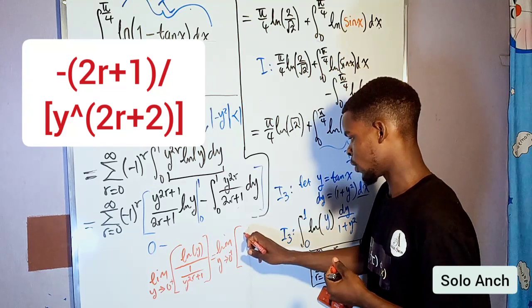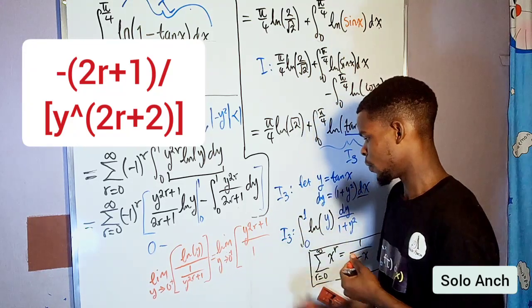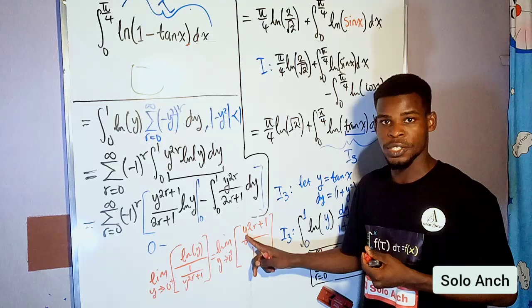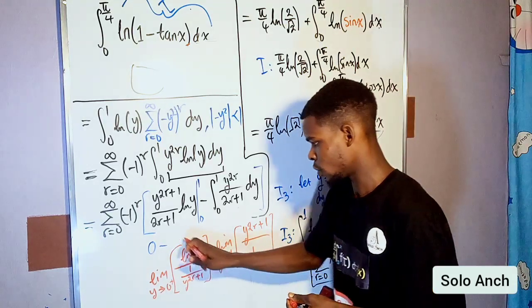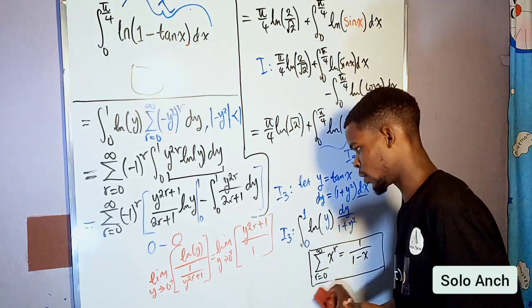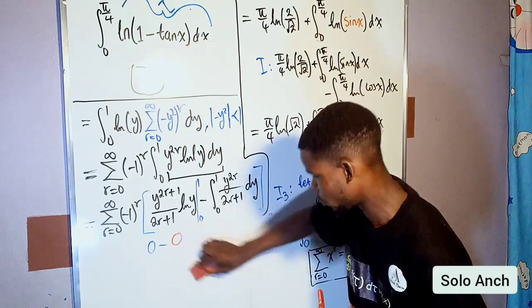That should give us y raised to the power of 2r plus 1 divided by 1. But clearly, as y approaches 0, this right here approaches 0. The denominator is just a constant. That means that the limit is 0. So this limit right here is 0 as you approach 0 from the right. Good. So that wasn't really an important part. You can do that on your own, but we just needed to show.